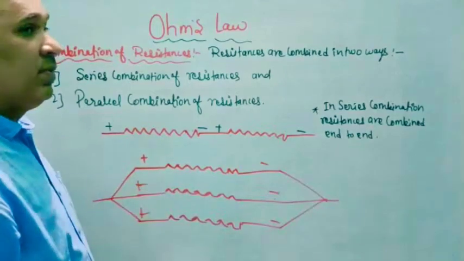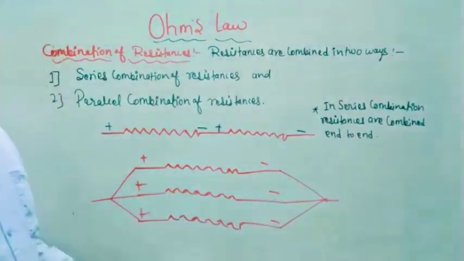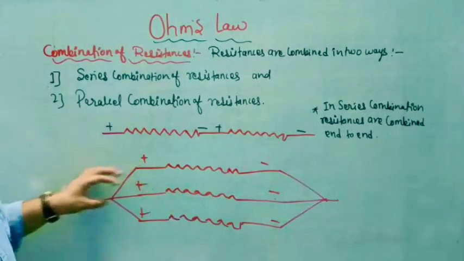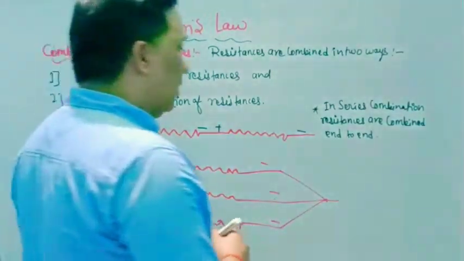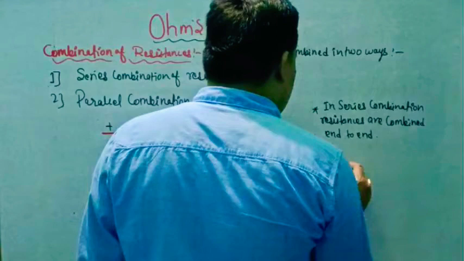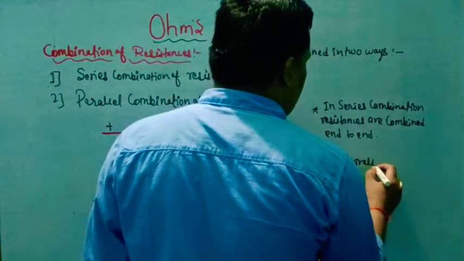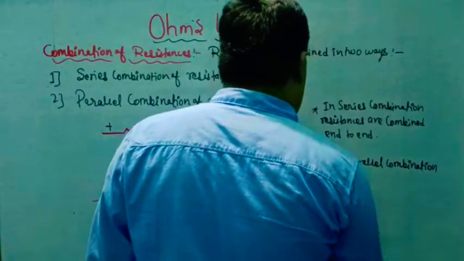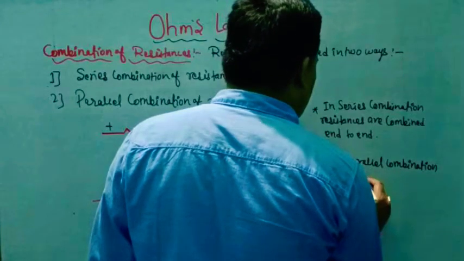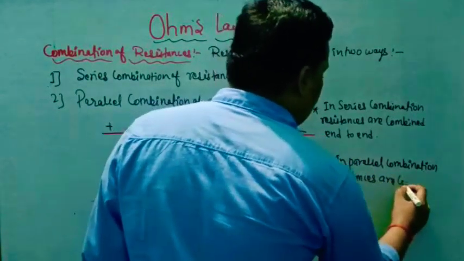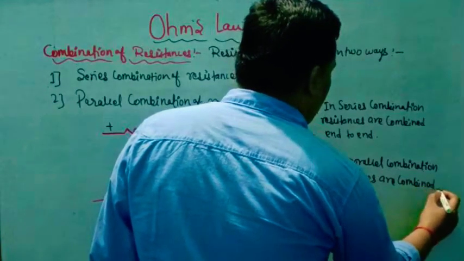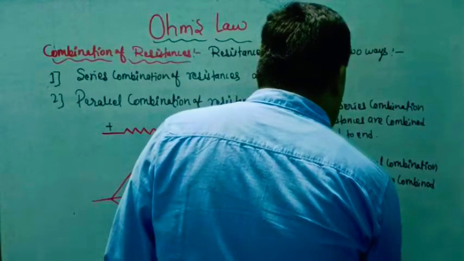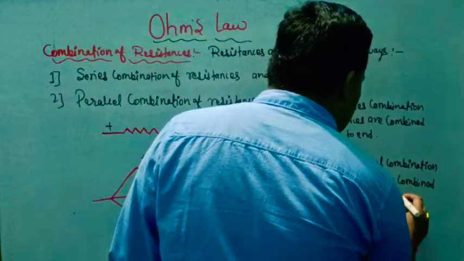So always remember the difference between parallel and series combination. In series combination, resistances are combined in an end-to-end manner, whereas in parallel combination, resistances are combined as same ends together.